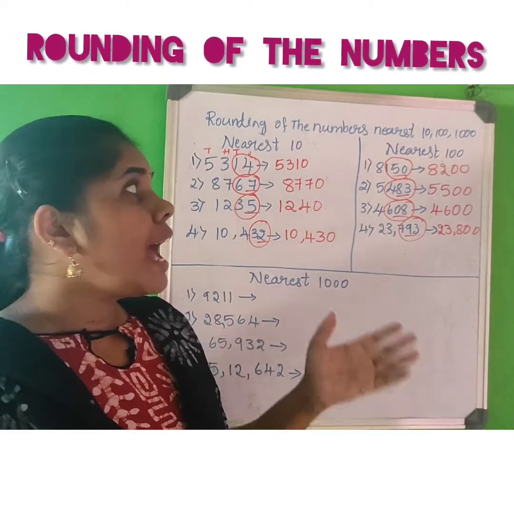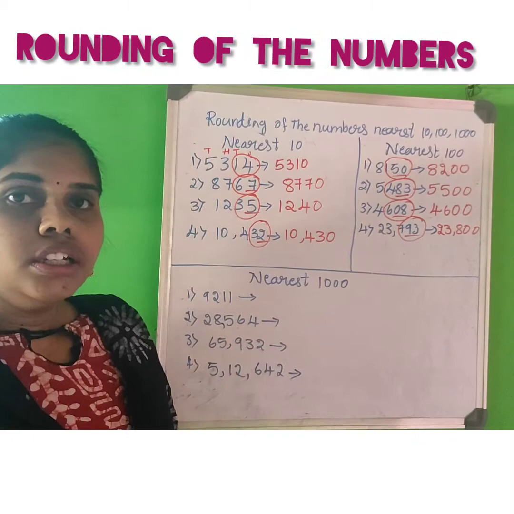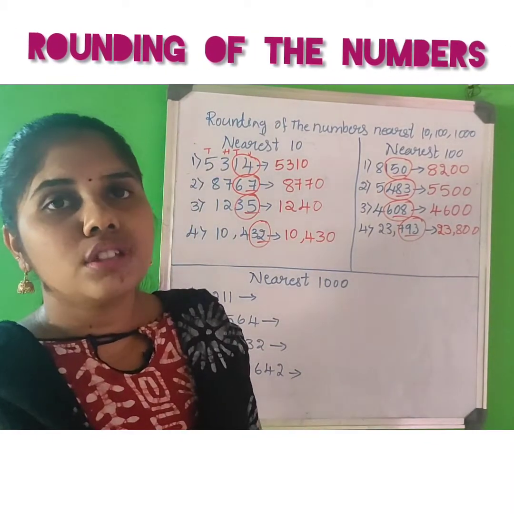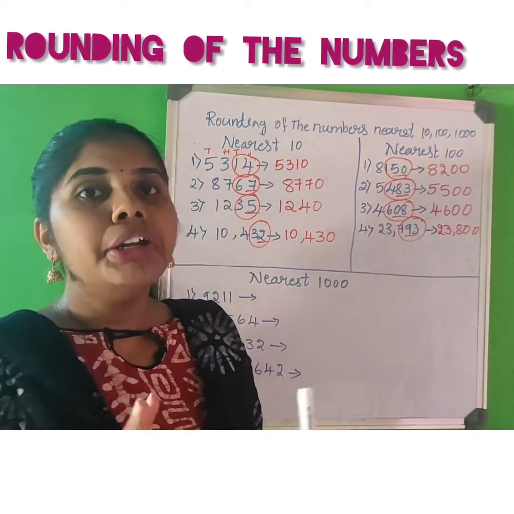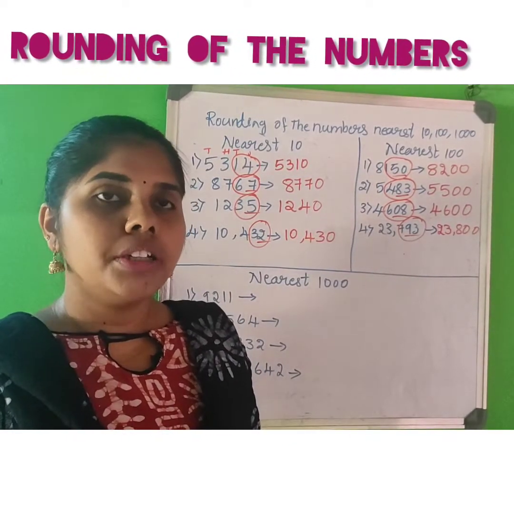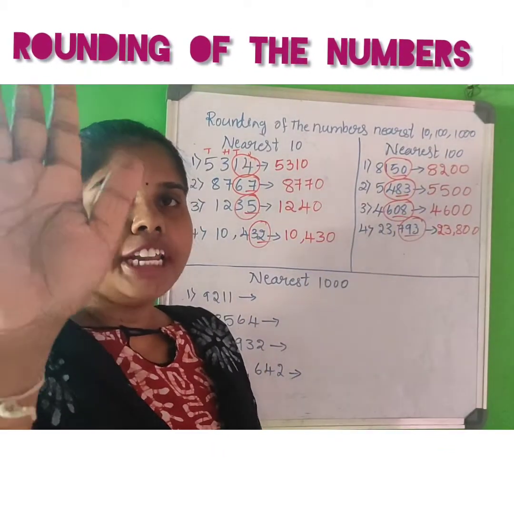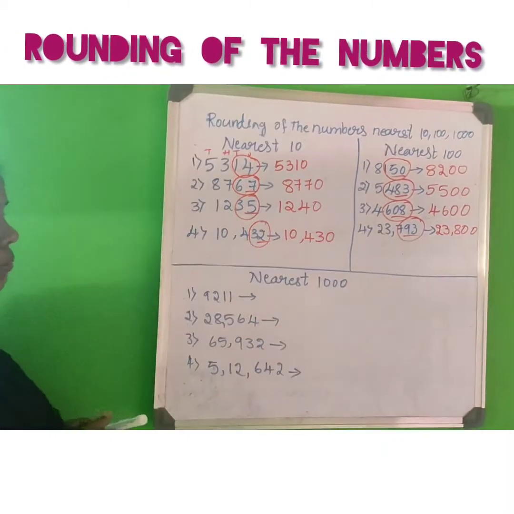Okay. So last one, rounding off nearest to 1000. How are you going to use the technique? If you split 1000 into 2 terms, you can split it as 500, 500. So above 500 left hand rule, below 500 right hand rule. You just concentrate on this while you are solving the problem.